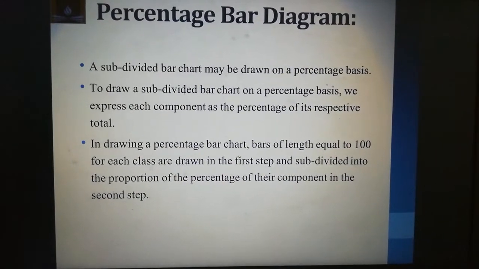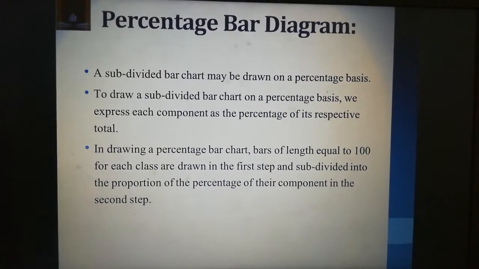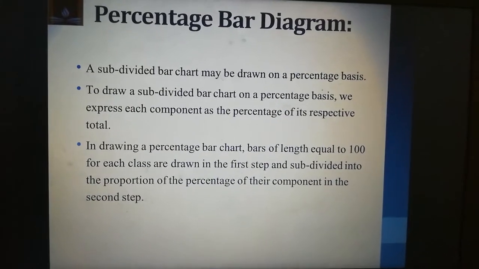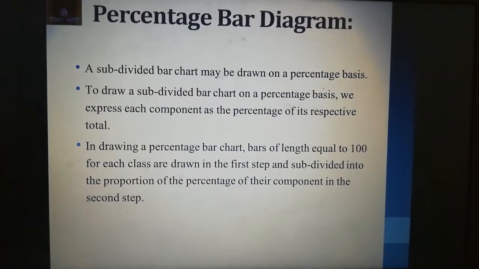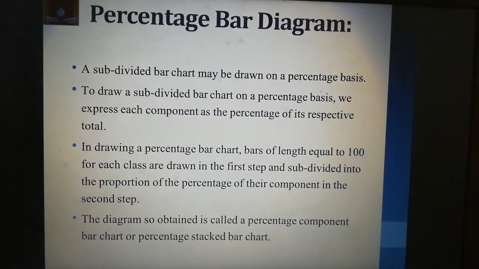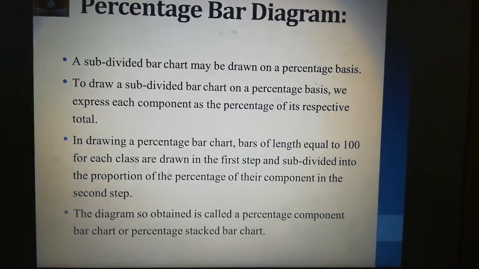In order to represent this, the length should be equal to 100 for each class, shown in the first step, and subdivided into proportions of the percentage. And the diagram obtained is called the percentage component chart.